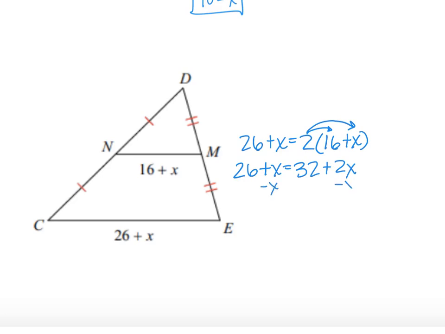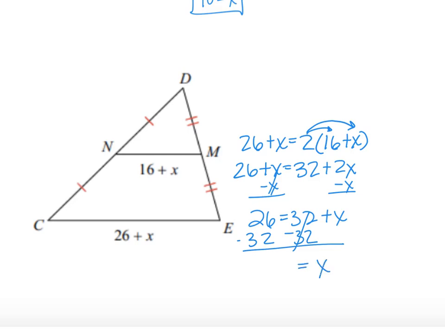And subtract x. Subtract 32 from both sides. And 26 minus 32 would be negative 6. So x equals negative 6.